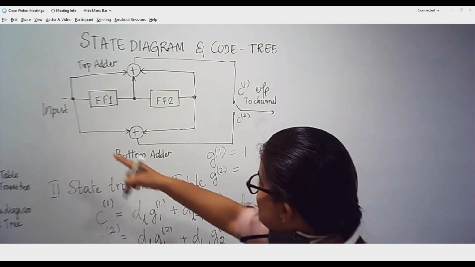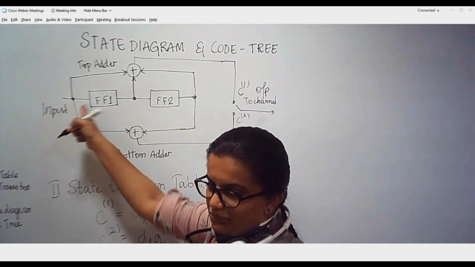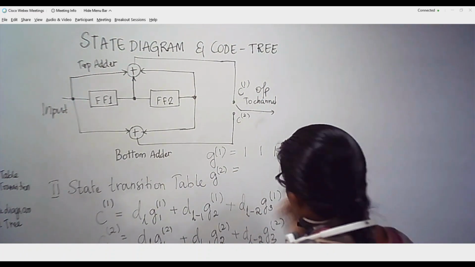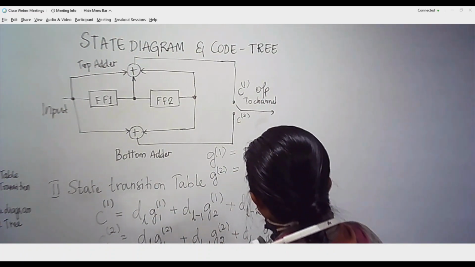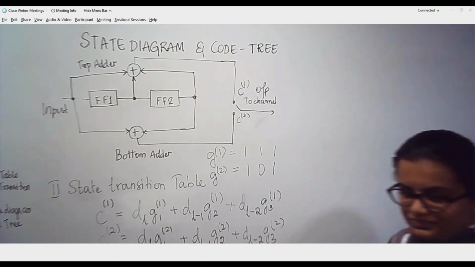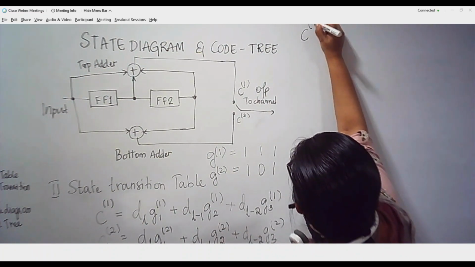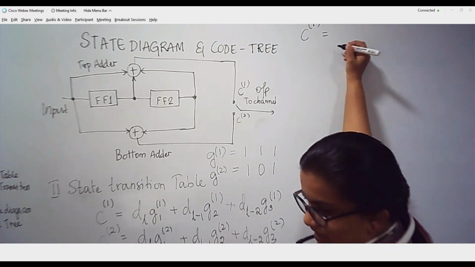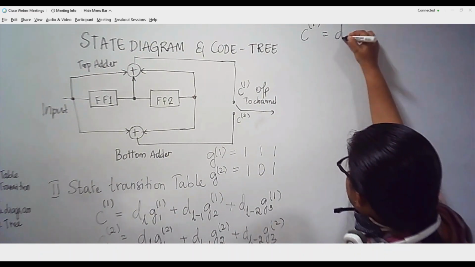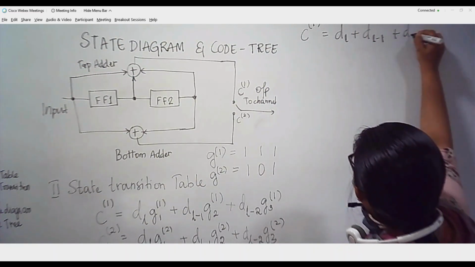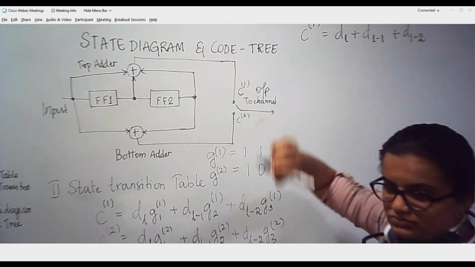Coming to G2, it considers the input and not the middle one, but it considers the output of flip-flop 2. So it is 1 0 1. Having said that, the C1 expression can be written as D_L plus D_(L minus 1) plus D_(L minus 2).